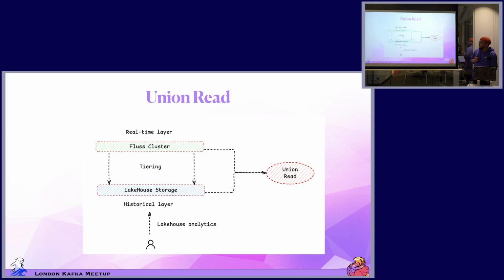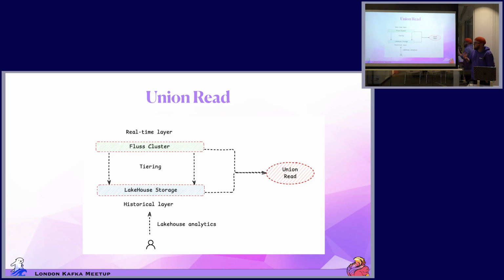So this is union read. So what is union read? Imagine that you have a Fluss cluster. You can treat the Fluss cluster as a real-time layer, where your data is specifically optimized to be queried in real time. Treat it as an index, for example. It's exactly like a RocksDB snapshot and indices and whatever.